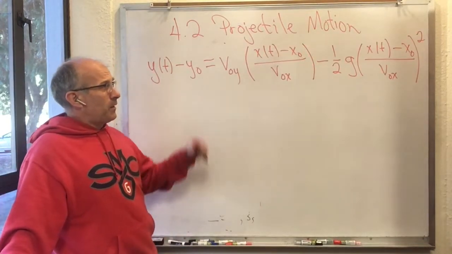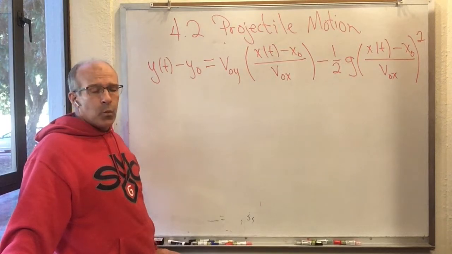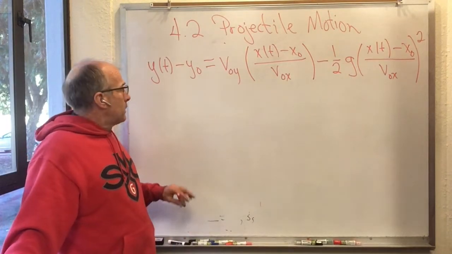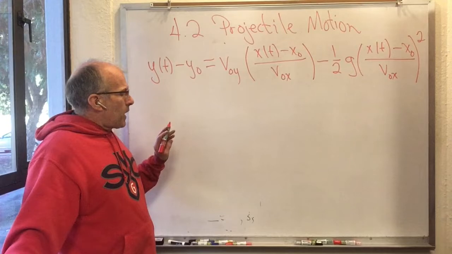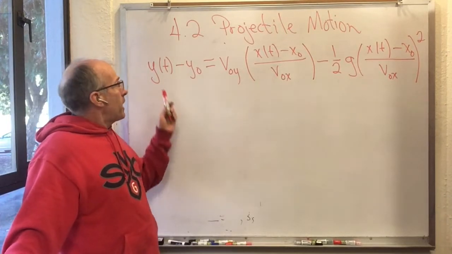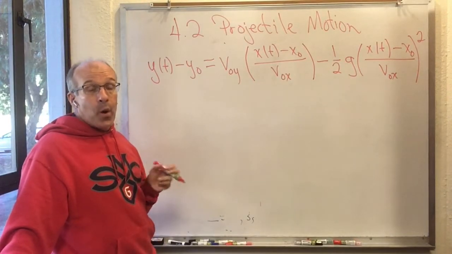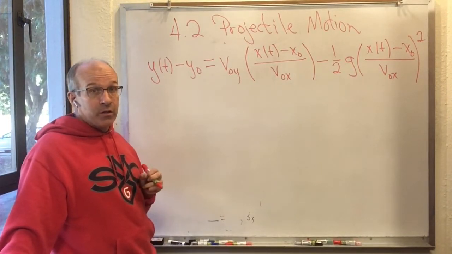Now, that looks like a bit of a mess. But what does it tell us? We had that x of t was a linear function of time, and that y of t was a parabola, or a quadratic function of time.